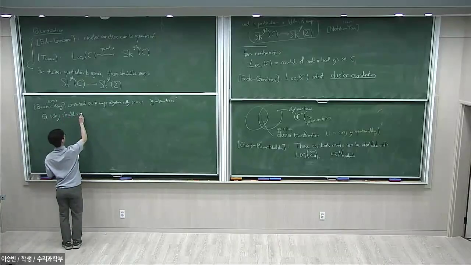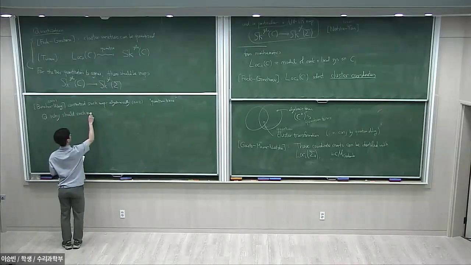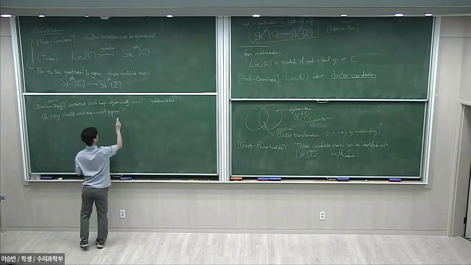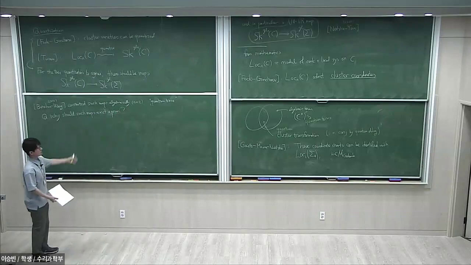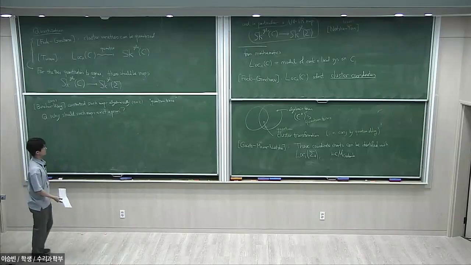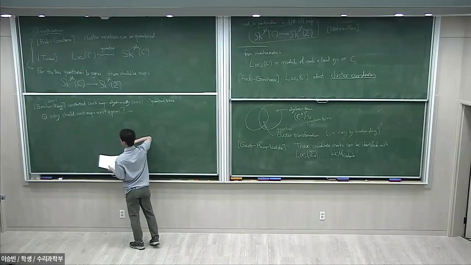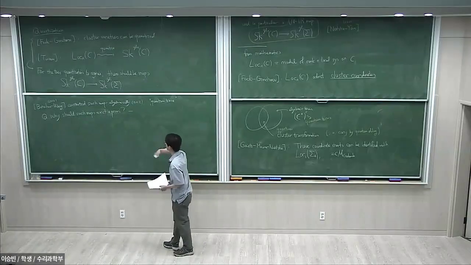Why should such maps exist a priori? Well, I guess physics tells us one answer. That physics predicts it. But the goal is to give a geometric reason why such a map should exist.